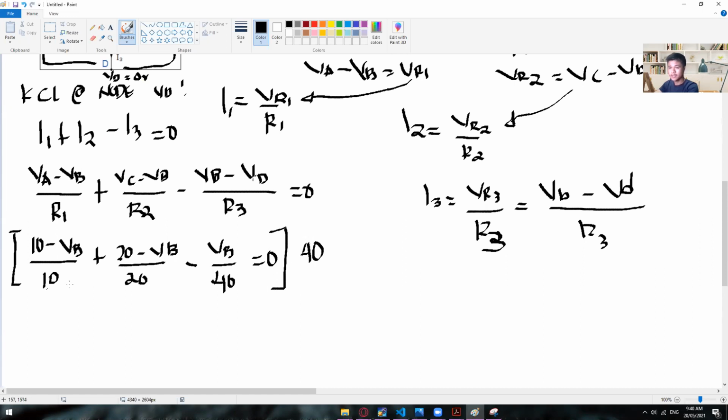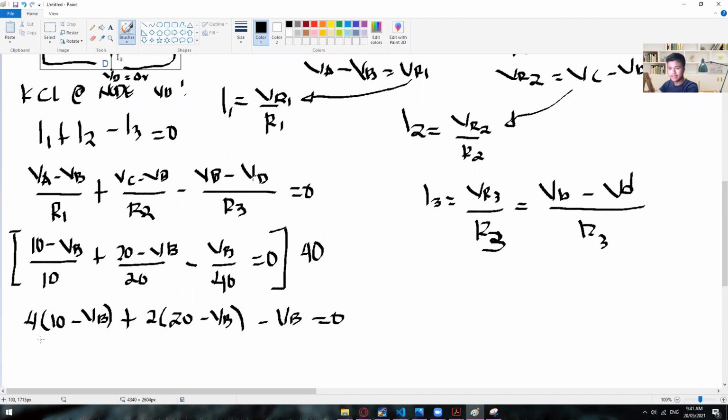So 40 divided by 10 is 4, so that's 4 times 10 minus VB, plus. 40 divided by 20 is 2, so that's multiplied to 2: 2 times 20 minus VB. And then 40 divided by 40 is 1, so this will just cancel, minus VB, is equal to 0.